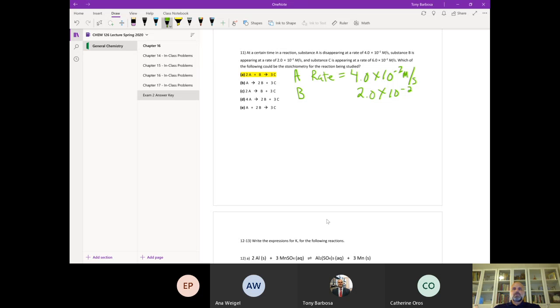Overcomplicating it is a very common problem on chemistry exams. If you're in my class, just realize I'm not ever trying to trick you. My goal is not tricking you. My goal is to try to test comprehension. So sometimes I'm going to ask easy questions to make sure you understand it.